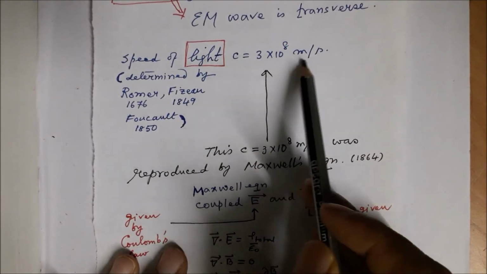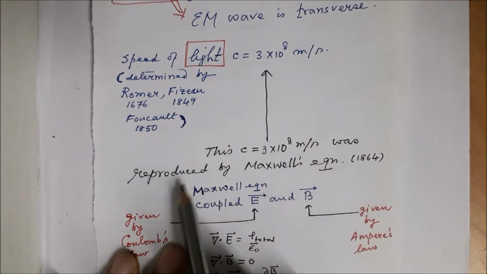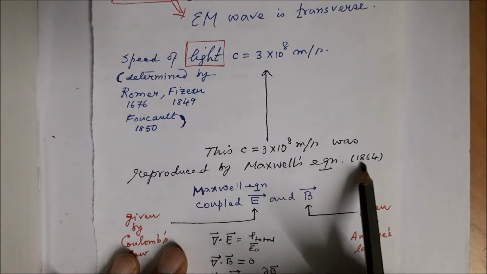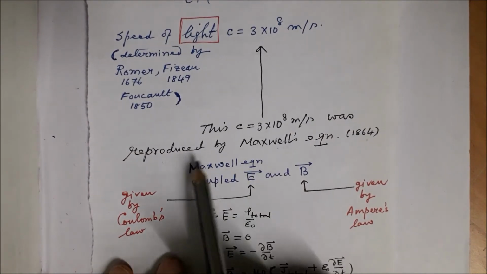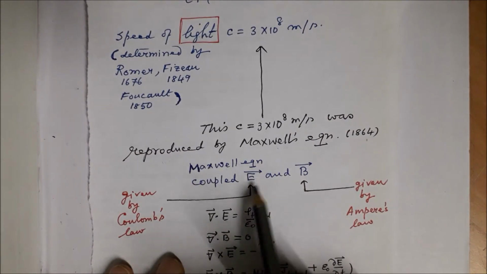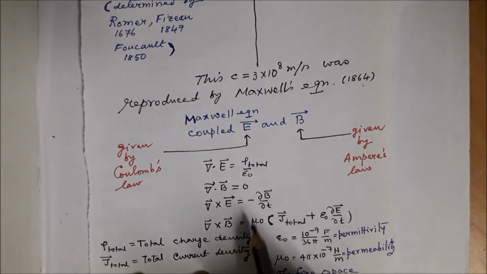Now this same c, which is the speed of light, was reproduced by Maxwell in 1864 in his Maxwell's equations, which coupled the electric field and magnetic field through these four well-known and famous equations.